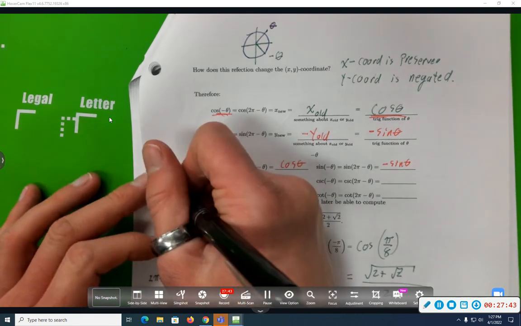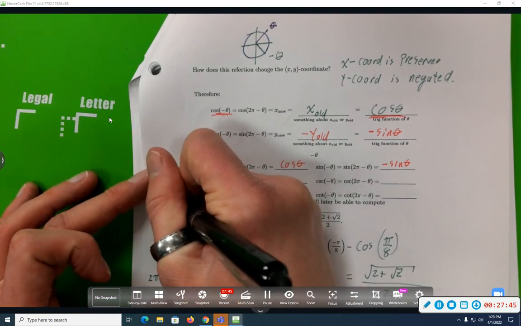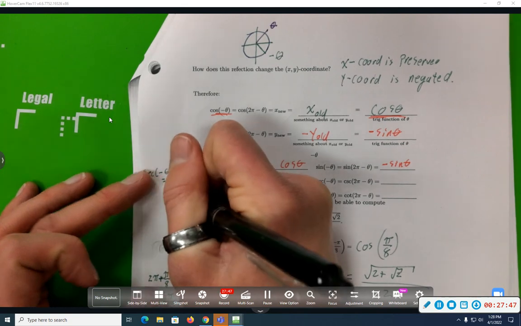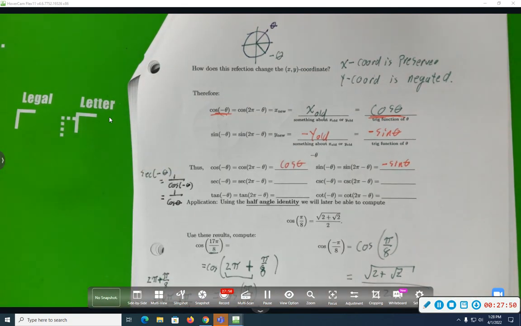So this is the same as 1 over cosine theta. And what's another word for 1 over the cosine of theta in terms of these symbols? Secant. Yeah, it's the secant. Cosine is the x-coordinate, that's true.